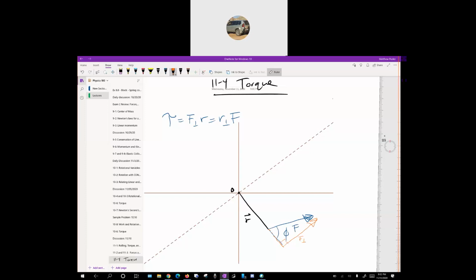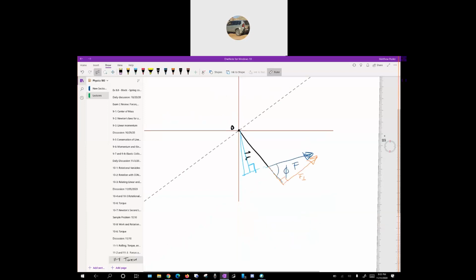So that's perpendicular now. Or we can take the force and trace it back until we find where the perpendicular is. So right about there. Either way would give us the same answer. But let's take a look a little bit deeper.